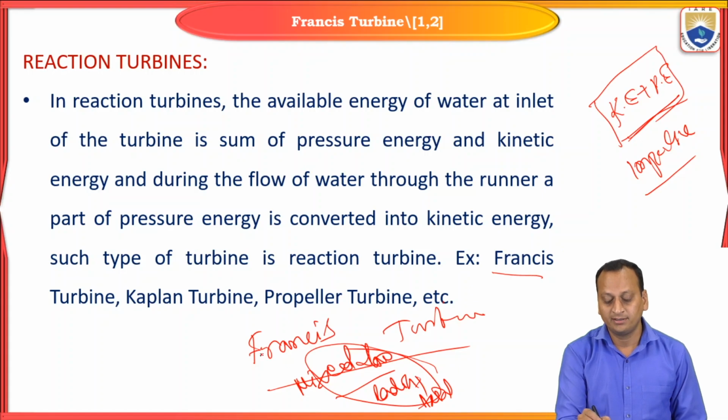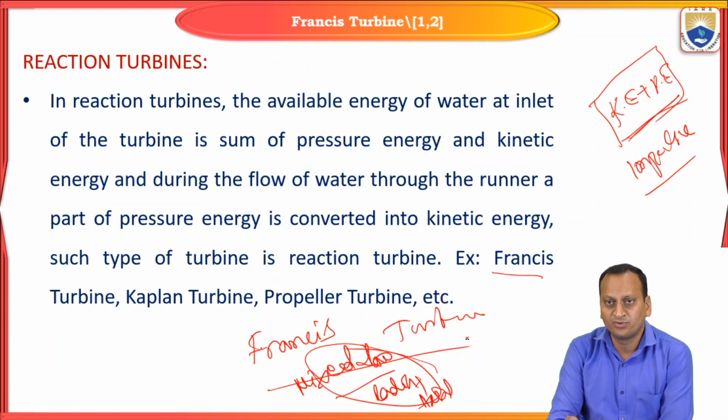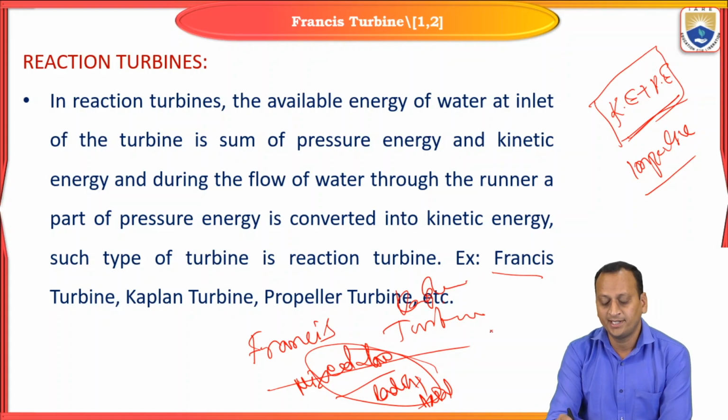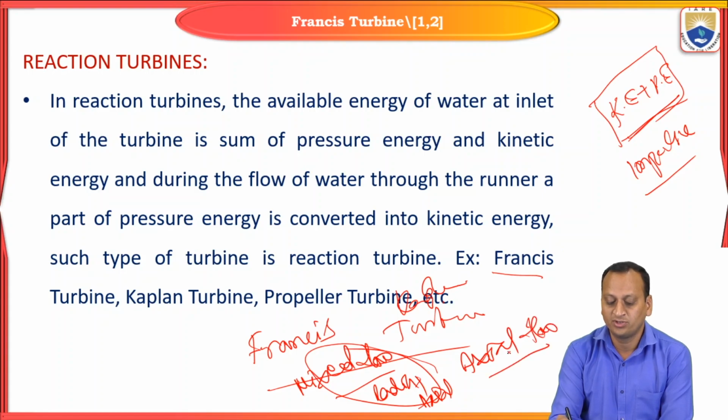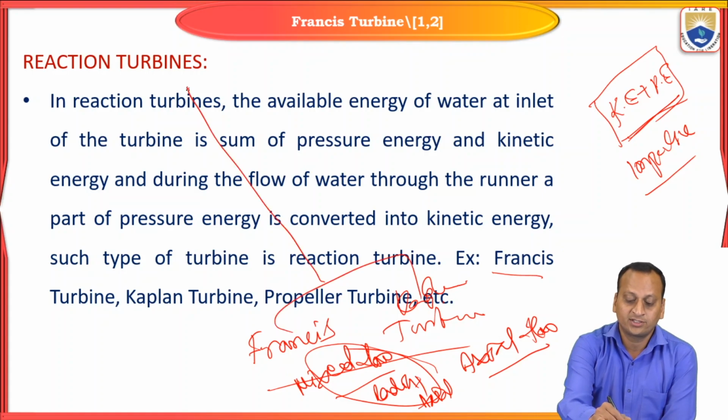But it is a reaction turbine, so there is a pressure difference between the inlet and outlet of the water flowing over the turbine. Similarly, in the Kaplan turbine, the direction of water flow is only axial. Therefore, the Kaplan turbine is an axial flow reaction turbine and the Francis turbine is a mixed flow reaction turbine. But these two are reaction turbines only.